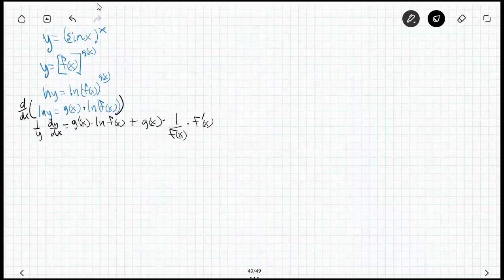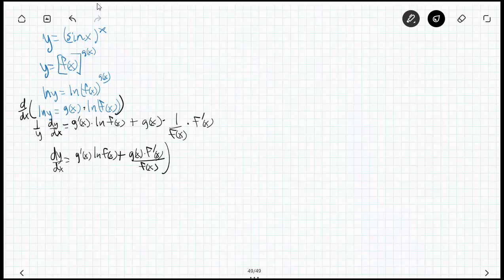If I multiply through by y, I get rid of that y here, and all that's left on this side of the equation is dy over dx. So I can rewrite this as dy over dx is equal to g prime of x times the natural log of f of x, plus g of x times f prime of x, all over f of x.